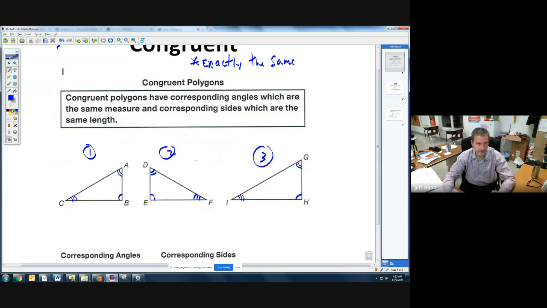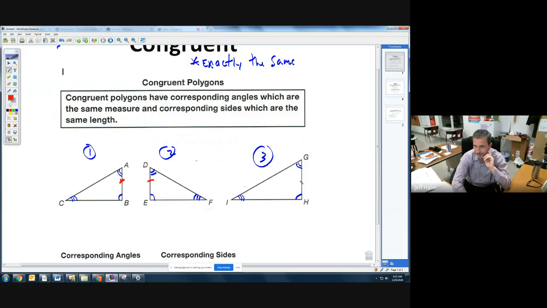Here is where things get a little snarky for us again. Side AB and side DE are the same. We'll put a little tick mark there to show that they're the same. That's why we put one tick here.